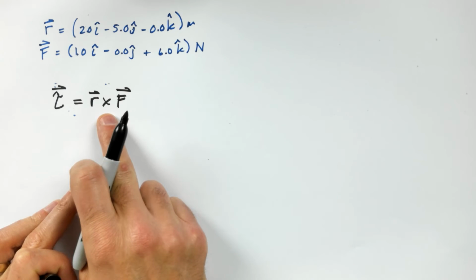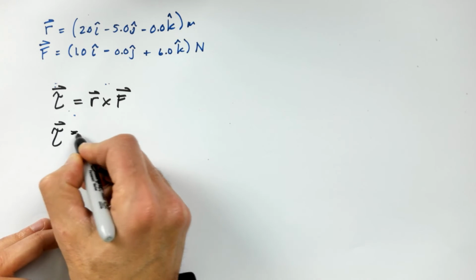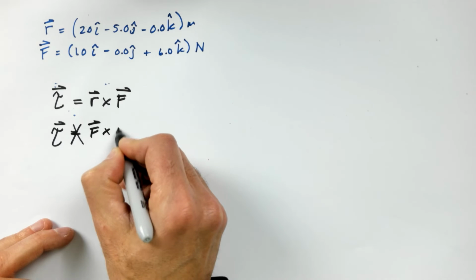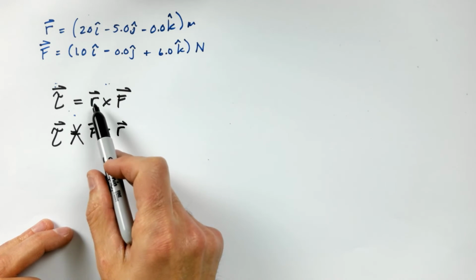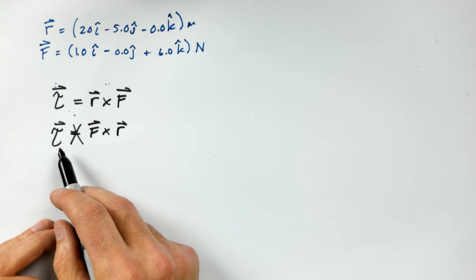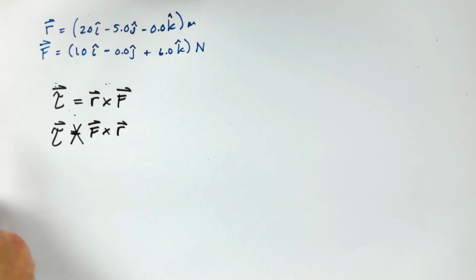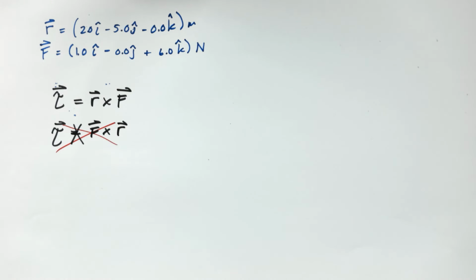In other words, torque does not equal force cross R, okay? It's specific in the direction as it relates to R cross F. So these are not equal to each other. So just be mindful of that. It's always R cross F to determine the torque.